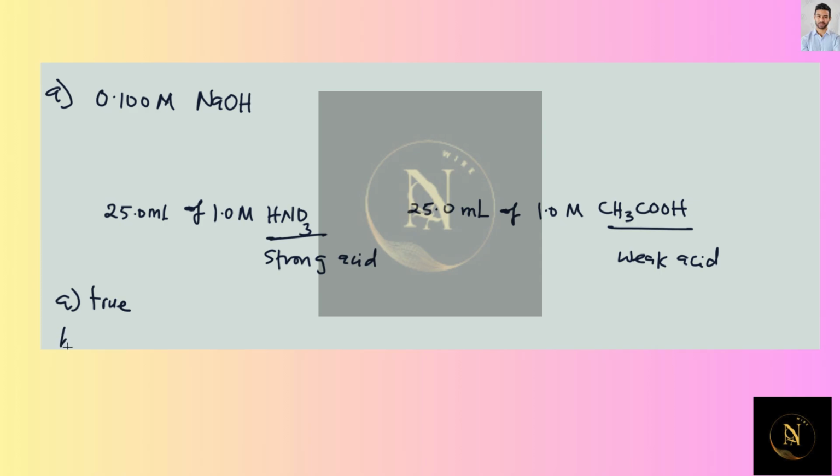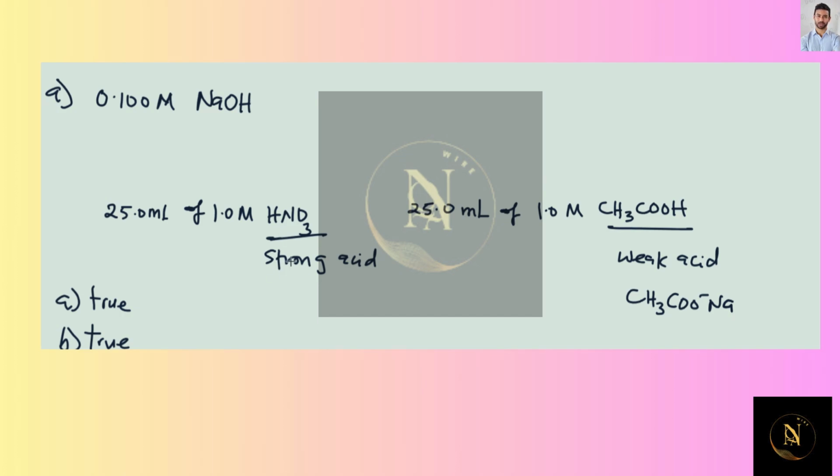Well, that is also true because acetic acid is a weak acid, so the CH3COO minus ion, or the sodium acetate that we produce in essence, will be a strong conjugate base. So that will make the pH higher than 7.0 at equivalence point, whereas the pH at equivalence point for the HNO3 would be at 7.0.